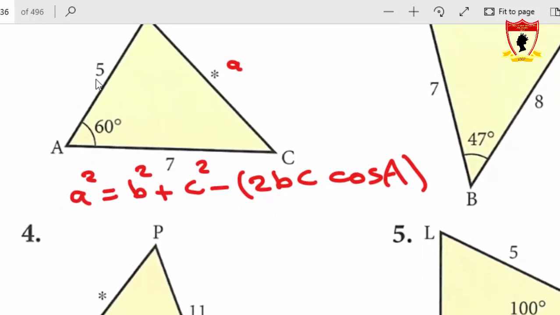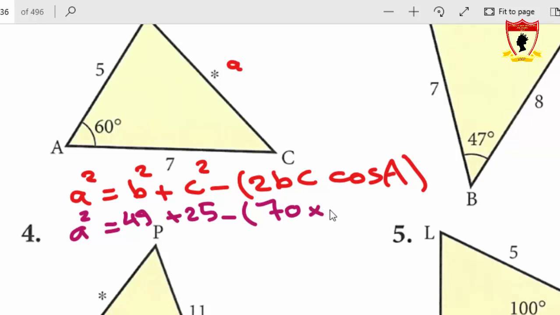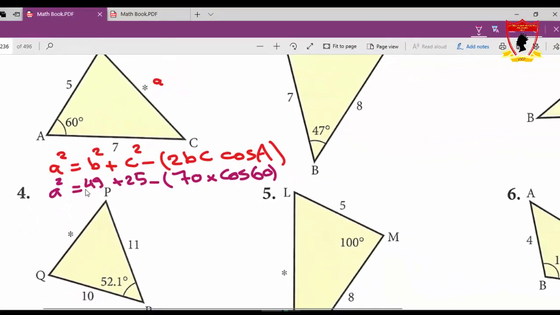We have b is 7, so b squared will be 49. c is 5, c squared is 25, minus b times c means 7 times 5 is 35, times 2 is 70, times cosine of angle A, which is 60. Now we have to use calculator to calculate these, and then a square root will be needed.